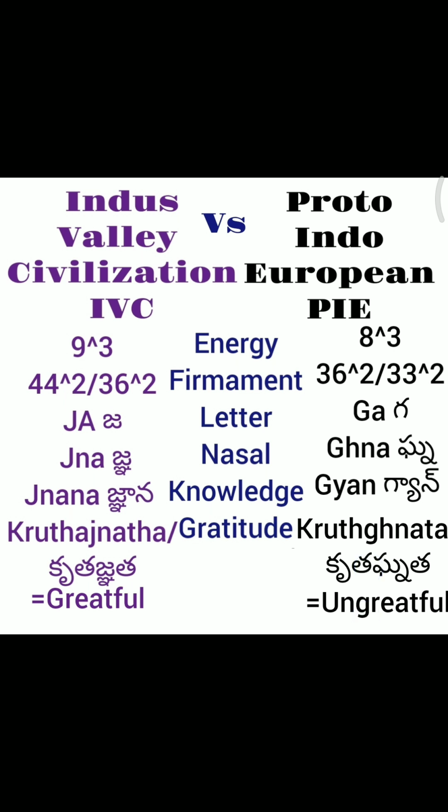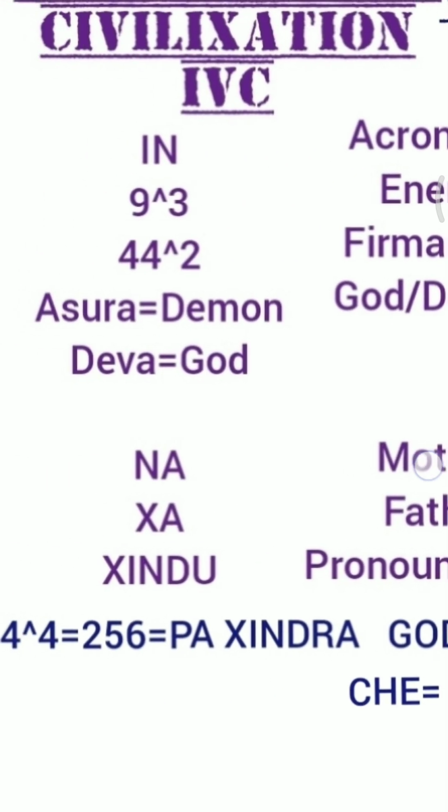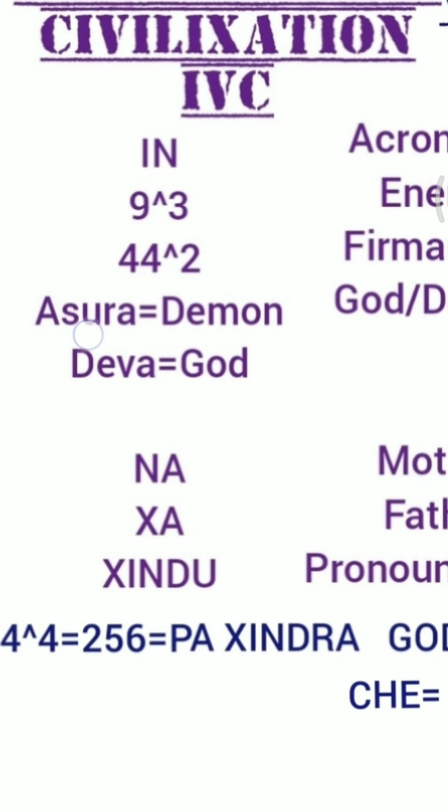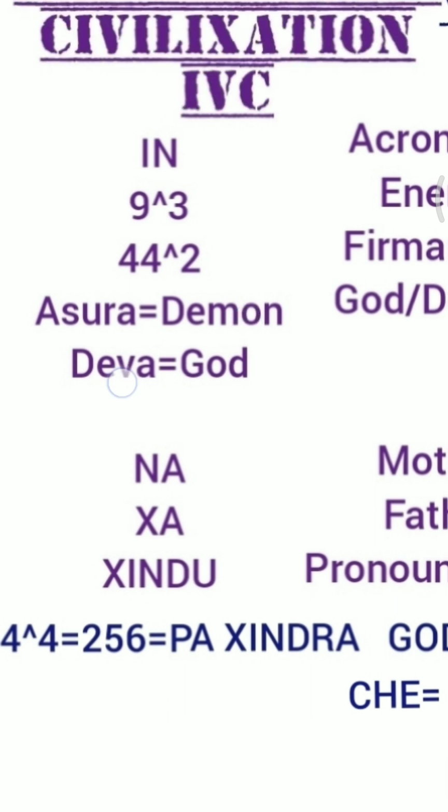So the meaning is entirely opposite, completely contradictory. Yesterday I told you about the other words. In fact, here we saw that in Sanskrit it was called Asura. As Asura is a demon, Deva is God.